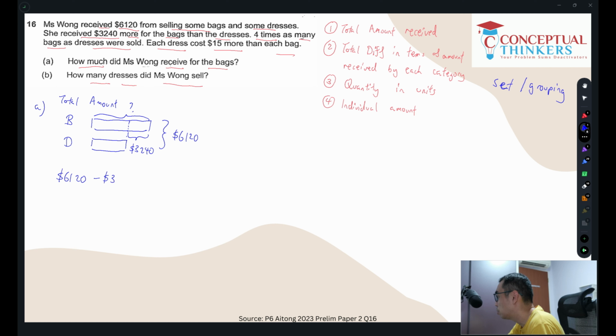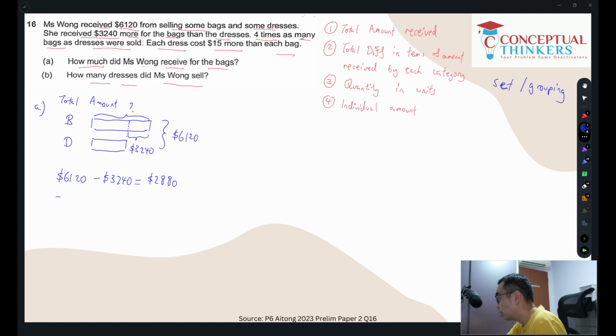So we reduce the bags amount to become equal to the dresses amount, so that we have 2 equal parts. Let's do this so it's easier for most students to understand. I'm using a calculator because this is a Paper 2 question. 6,120 minus 3,240 gives me $2,880. This gives 2 equal parts because I'm getting rid of the extra $3,240.